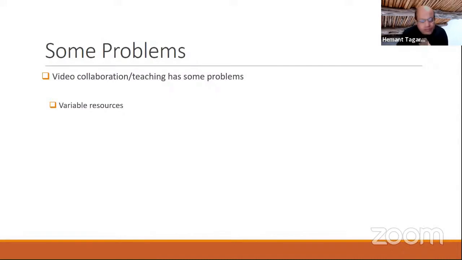So the variation in resources is the big issue. In particular, what that means is that our meeting schedules become very uncertain. It's very hard to say we're always going to Skype or we're always going to Zoom at 10 in the morning or 11 in the morning for an hour, where we have sufficient bandwidth to look at the results and to discuss a few things. So our schedules become really uncertain, and that's a big issue.